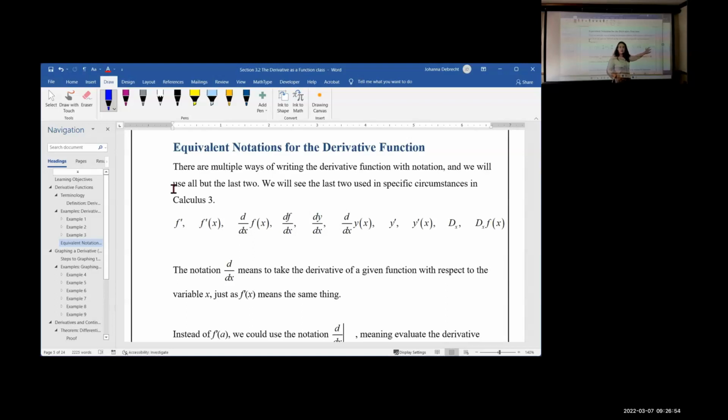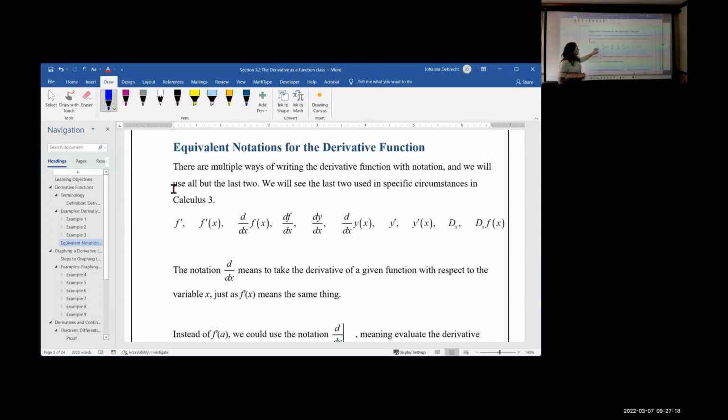They also get used in calculus 3 when you're doing the directional derivative. But the rest of these, we'll use all of these in this class to represent the derivative function, and they all mean essentially the same thing.